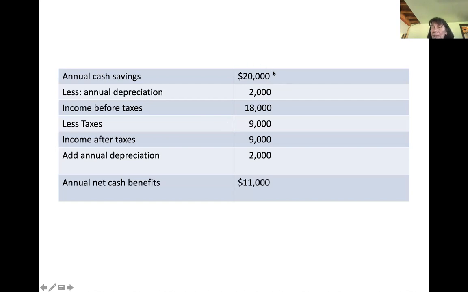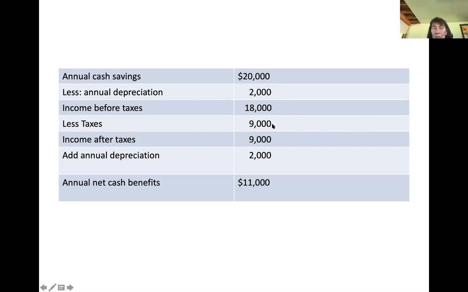We save $20,000 a year by buying this machine, revenue minus expenses. And it goes down in value every year by $2,000. That's not cash, right? So really, we're able to subtract it, but our actual hard money income from this machine is $18,000.